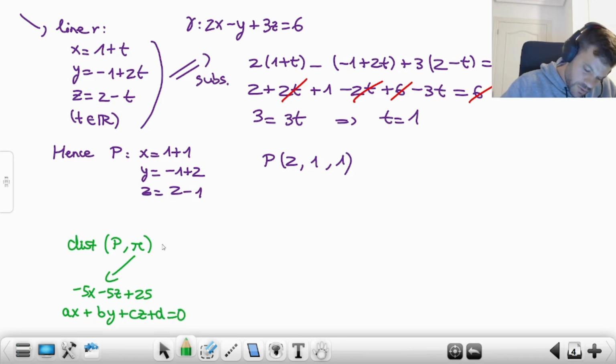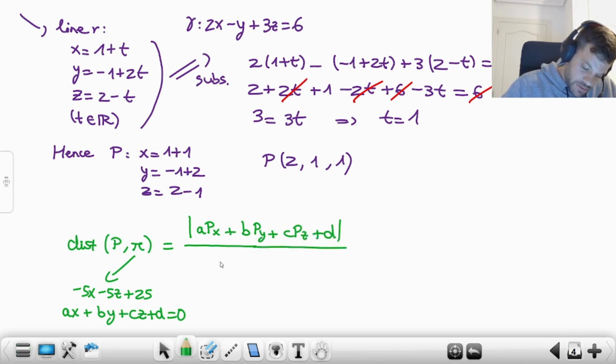The formula is: upstairs, the absolute value of a times px plus b times py plus c times pz plus d, and downstairs the modulus of the normal vector, namely the square root of a squared plus b squared plus c squared.